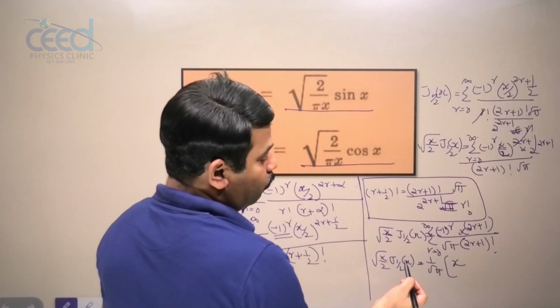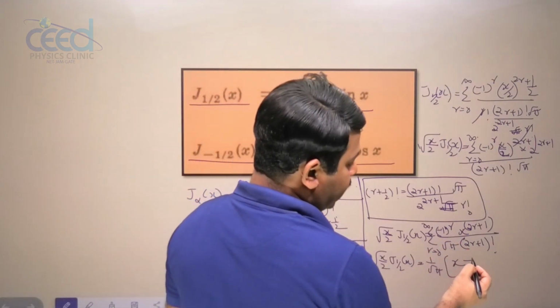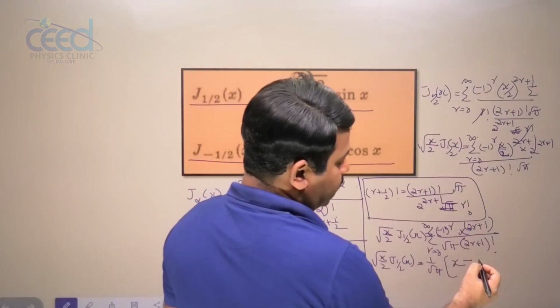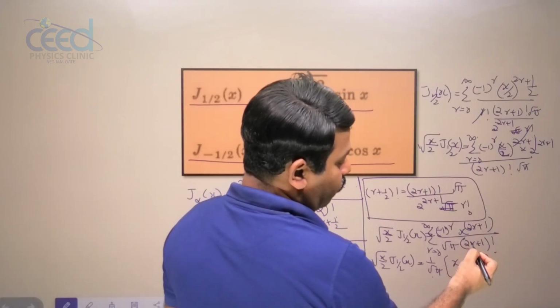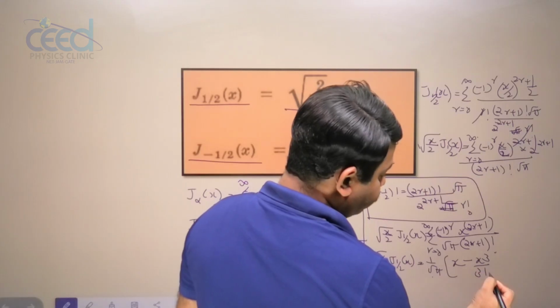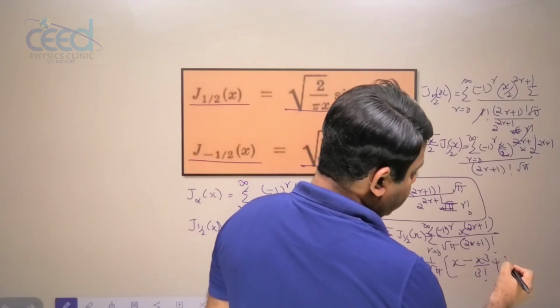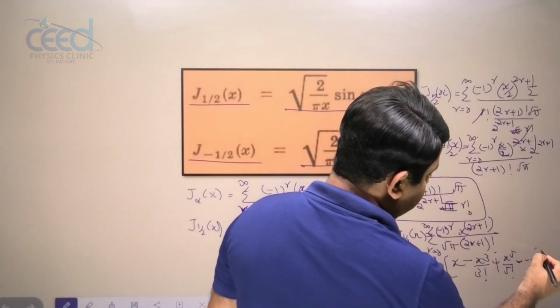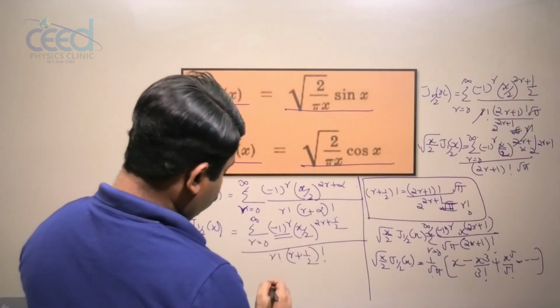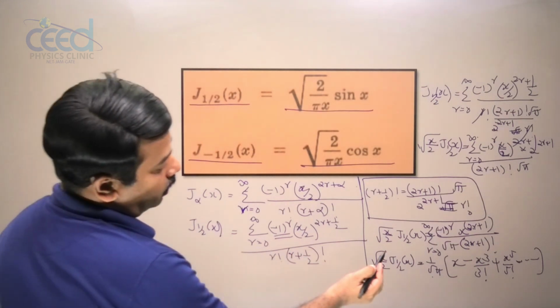Next term is put r = 1, then this will be negative 1, this is x cube, and root pi we have taken out, then 1 means 3 factorial. Next term is what? x^5 by 5 factorial minus, etc. Right.